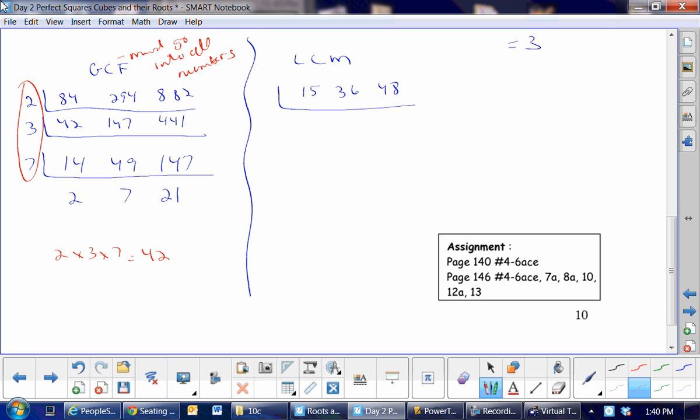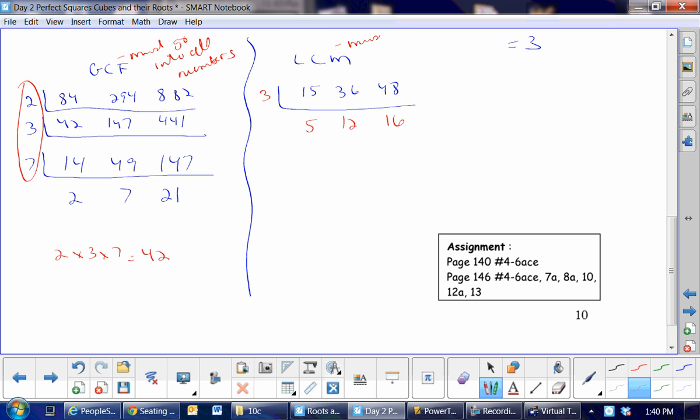Now, what is a number that goes into all three of them? 3. So that will give me 5. That will give me 12. Oh no, I'm doing 3, not 2. That will give me 12. And this will give me 16. Okay? Now give me a number that will go into all three of them. No. So here's the difference between GCF and LCM.